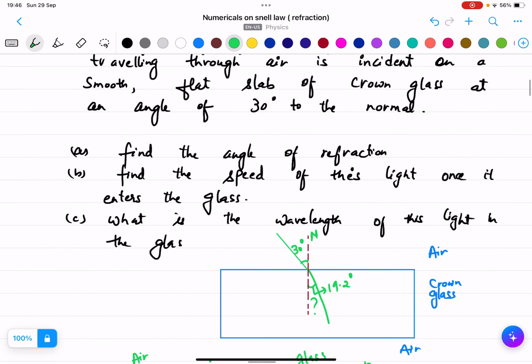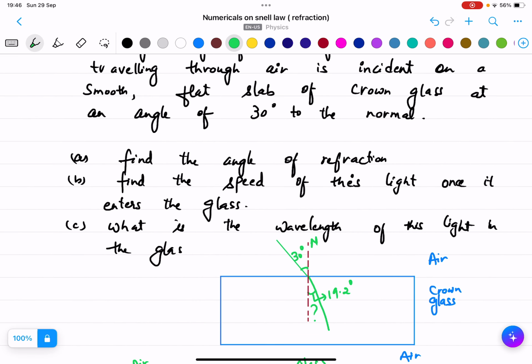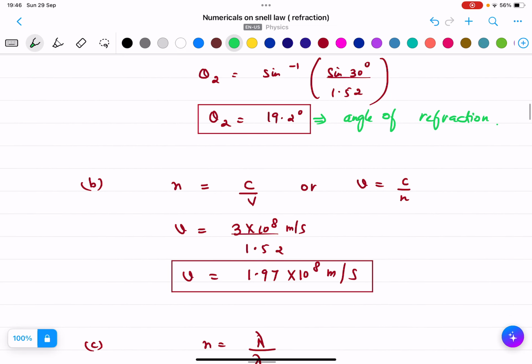Now the B part, find the speed of the light once it enters the glass. For this I have discussed in my previous video. What is the formula? n equals c by v. n is the refractive index, c is the speed of light, and v is the speed in the medium. We need to find v. v equals 3 into 10 to the power 8 by 1.52.